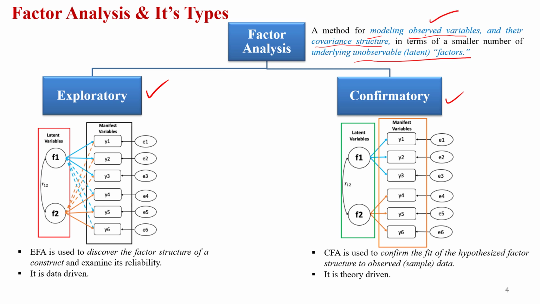For example, I have asked 5 or 8 or 10 questions regarding happiness, and based on those observed variables, we will see whether the customer is happy or not. So basically we are indirectly measuring the happiness of the customer. All those observed variables, or you can say observed items, are used to measure that latent variable, which is also known as a factor.